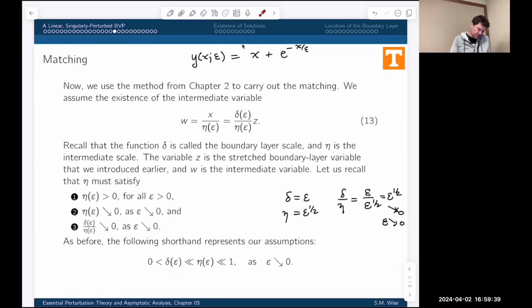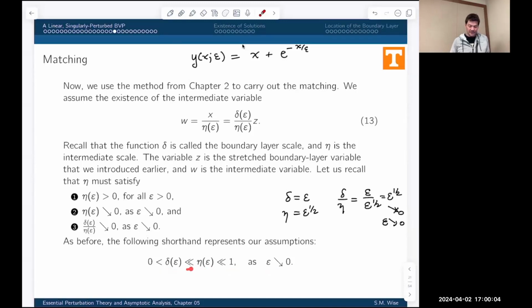Okay, so those are the 3 things that we need eta to satisfy. You can shorthand this with a one-liner like this: both delta and eta are positive, and eta of epsilon is significantly bigger than delta. Remember, this is like epsilon to the 1/2, this is epsilon, and both are significantly smaller than 1 as epsilon goes to 0.